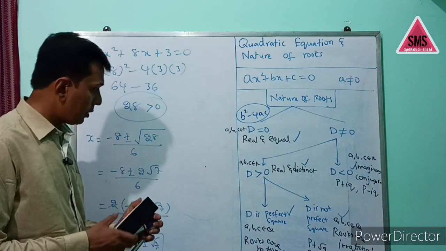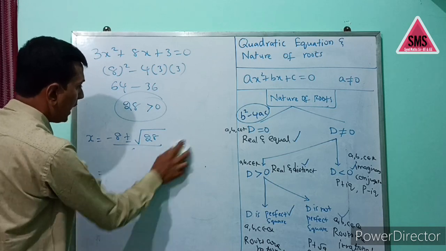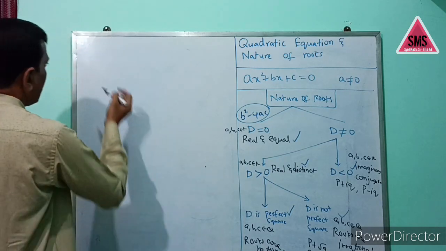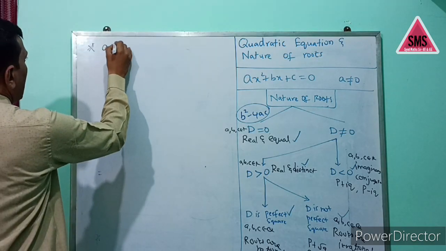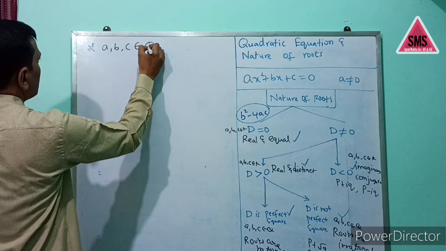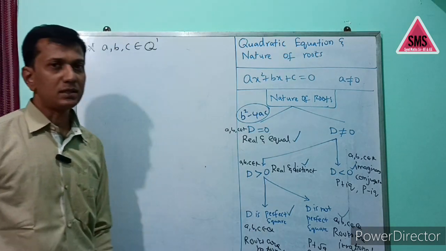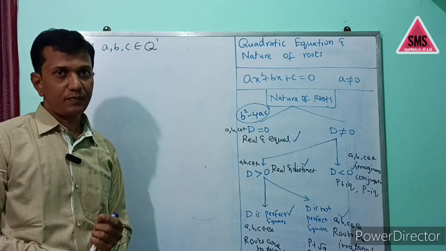Concentrate one more time. This is a very important condition in solving problems. a, b, c belong to irrational numbers, that means they are not rational numbers. What kind of roots are we going to get?